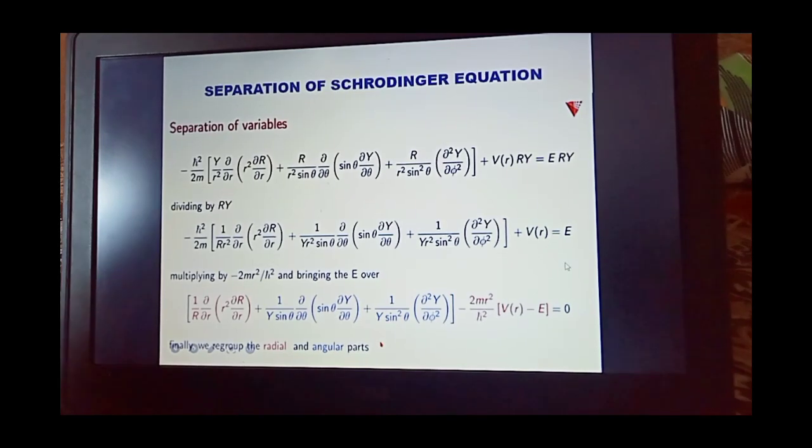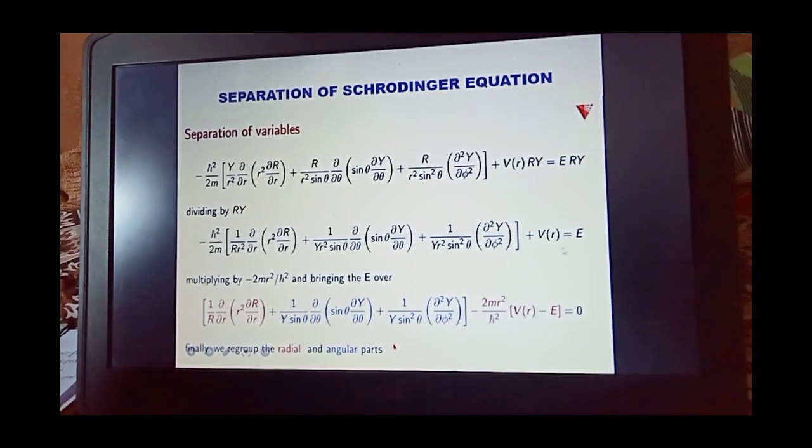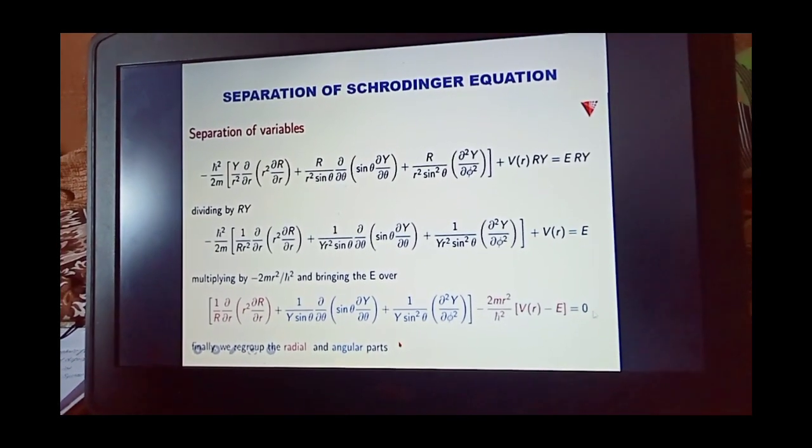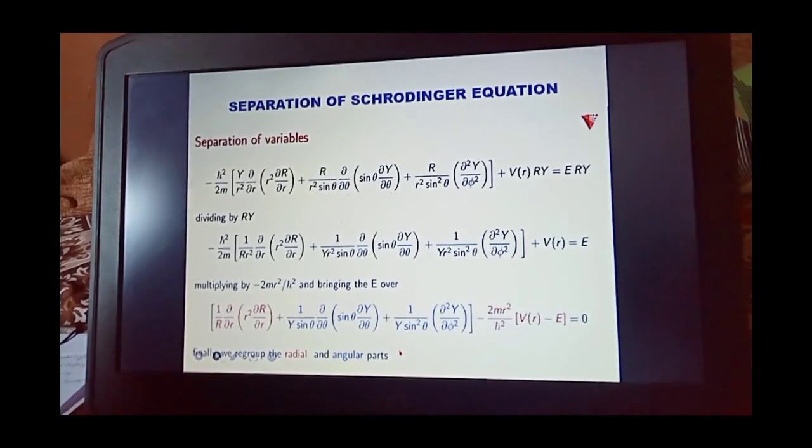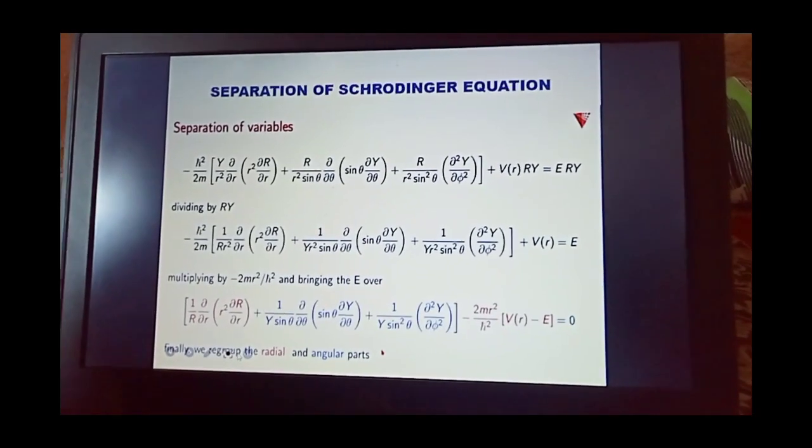We transfer E from the right side to the left side, equal to 0, and finally we regroup the radial and angular parts.